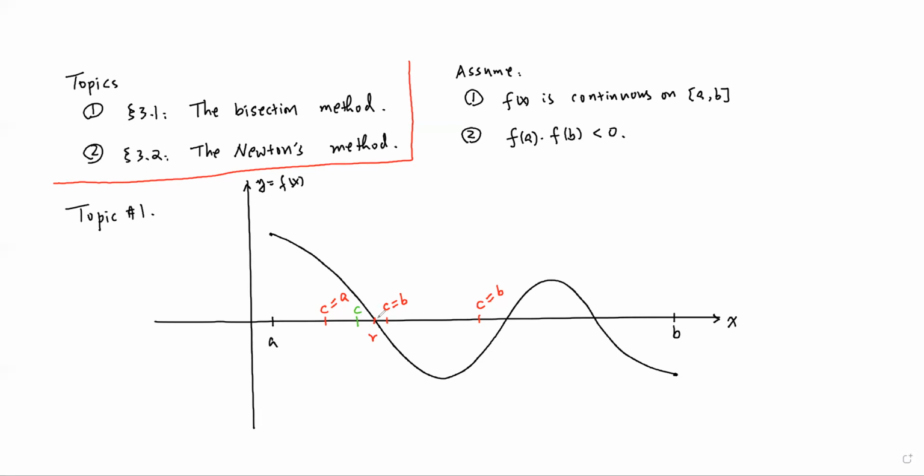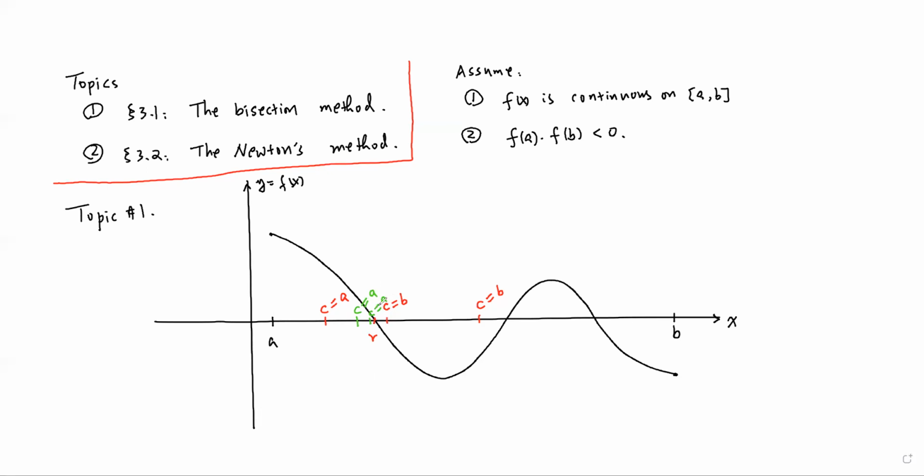Therefore, the root must be in the interval CB. Now we name this C as A. Then we have a new AB. Now pick midpoint C. Then from this diagram, we can see that CB, this subinterval, still contains the root. Then this C is a new A.